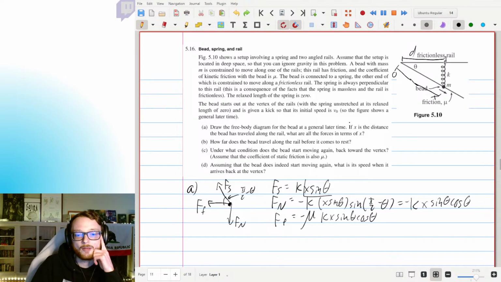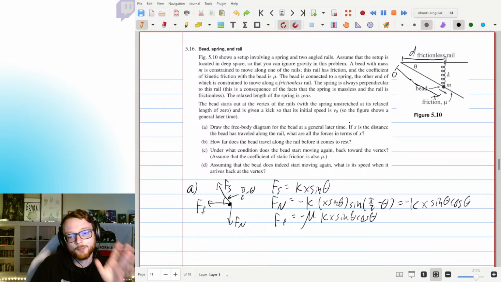So why is this x sine theta? Right, because that's the stretch length of the spring, and the normal force only cares about a component of that.